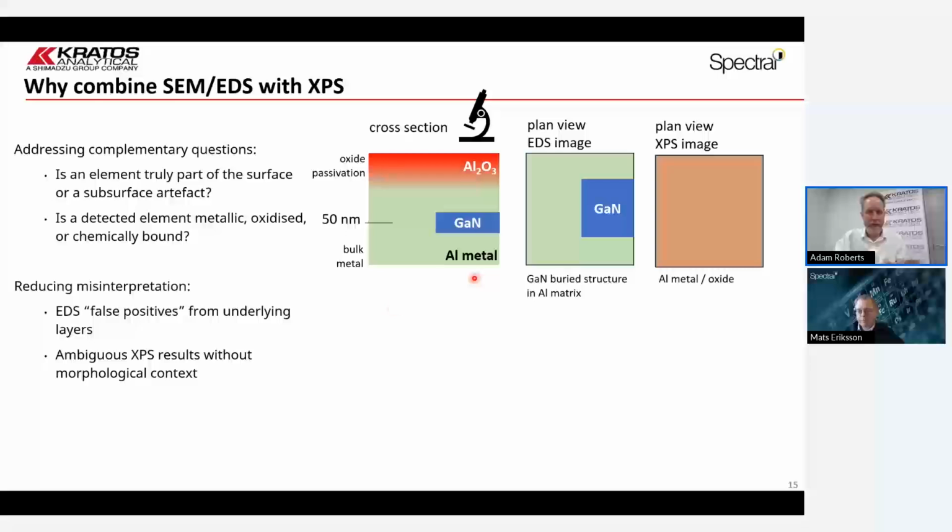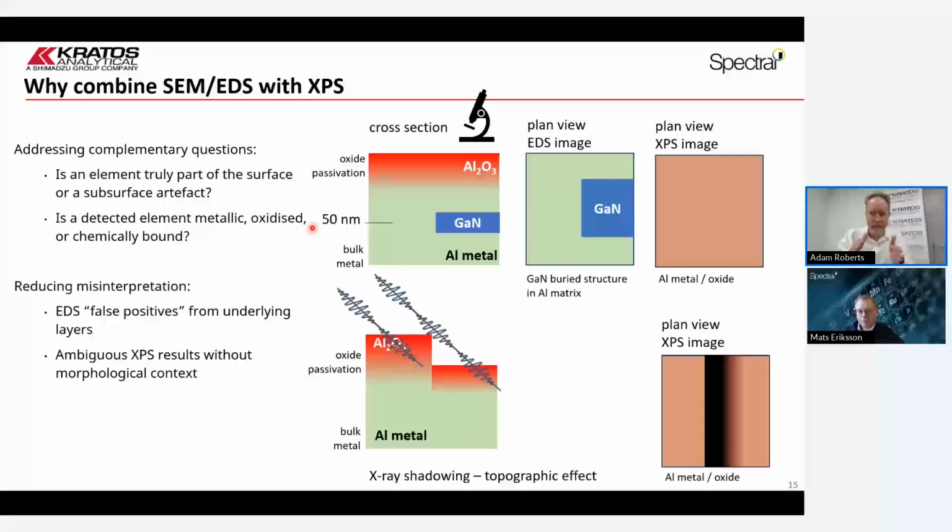Just also another advantage of combining the two techniques would be explaining perhaps ambiguous results that you might get without morphological context that XPS could give. So if we think of now our same sample, aluminium oxide on aluminium metal, but the sample is now very topographic, what can happen because we have a fairly focused X-ray beam?